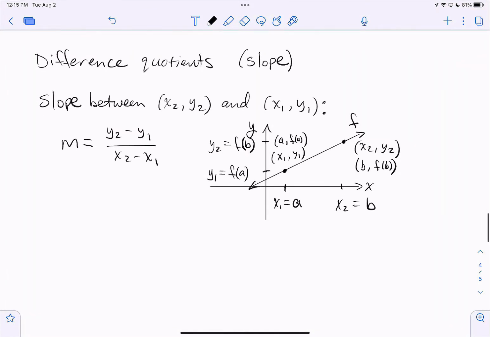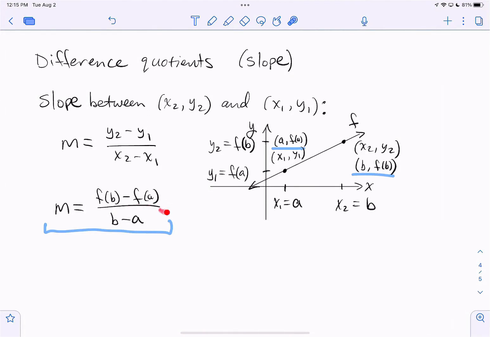And we can therefore express the slope between these 2 points using function notation as f of b minus f of a divided by b minus a. This is one of the difference quotients. There are differences in the numerator and denominator, and it's a quotient.